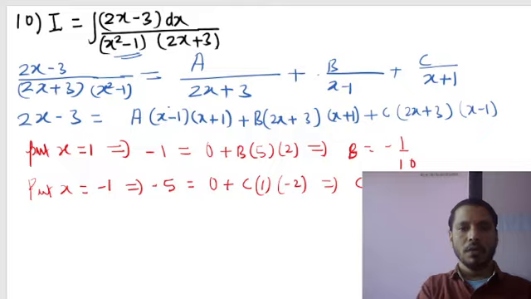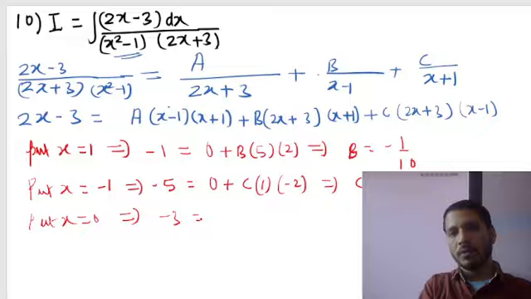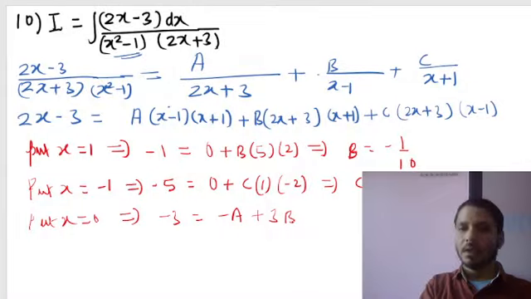So if you are putting x equal to 0 here, then this will become minus 3 is equal to a into minus 1, that means minus a, and here 3b, and here 3c into minus 1, that means minus 3c.